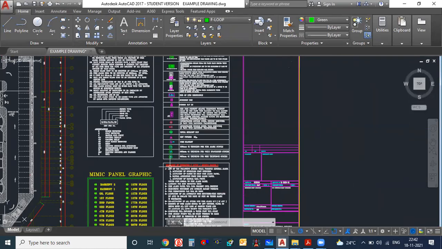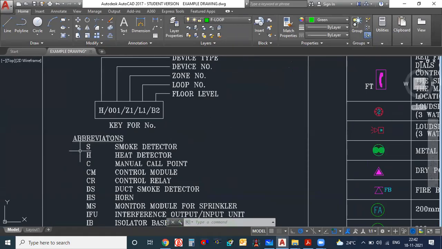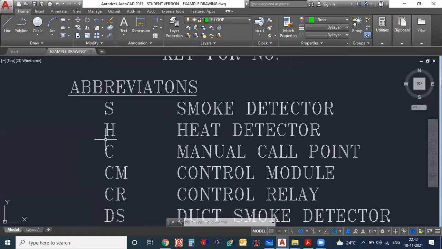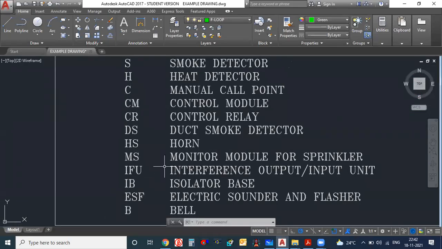Sir, one more question. If I keep the panel on the ground floor, and one zone and one loop is coming from the 9th, 10th and 11th floor, there will be a huge length of cables and a huge elevation difference.